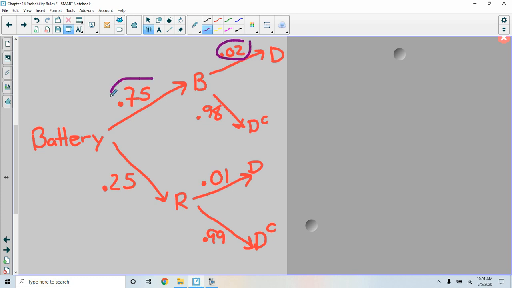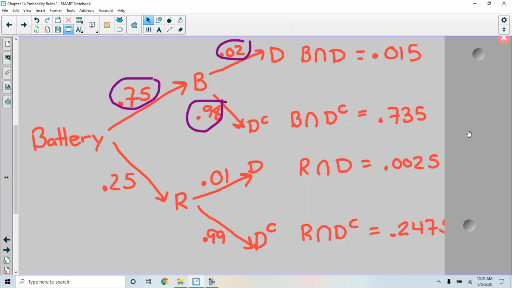So 0.75 times 0.02, 0.75 times 0.98, 0.25 times 0.01, 0.25 times 0.99. And so those are the 4 scenarios. If you add all 4 of these up, you should get 1, because these are the only 4 options here.